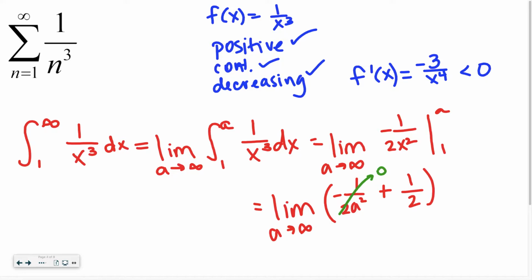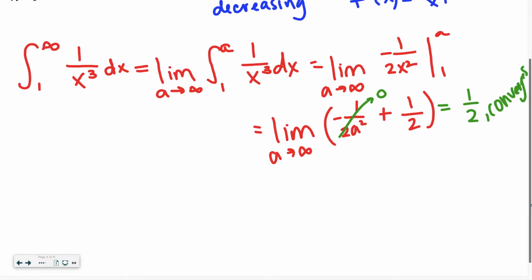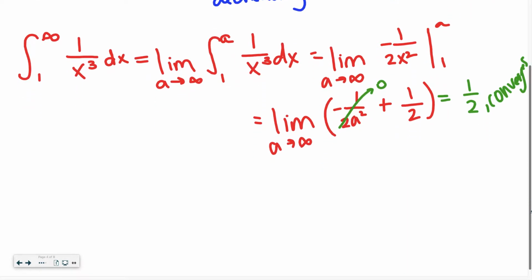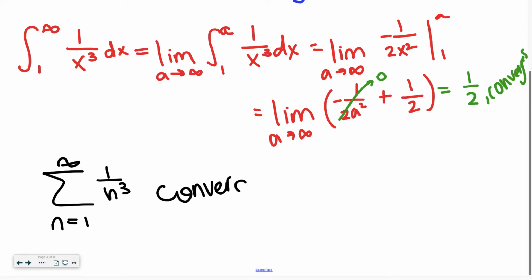Okay, so our integral converges to 1/2. I thought that it would tell us where it was. The integral converges to 1/2, which just means the series converges, not necessarily to 1/2. But maybe.